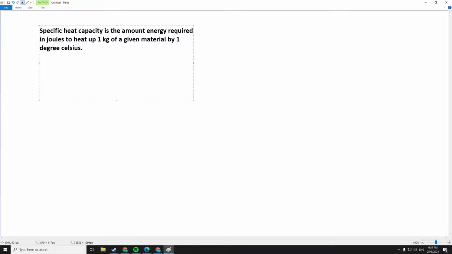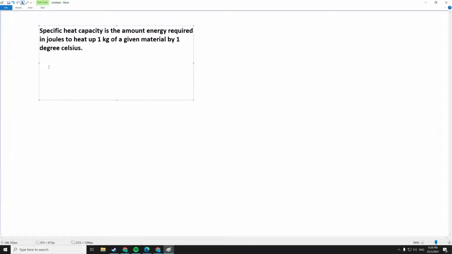Alright? That is a definition, and that is something you need to know. Alright? And of course, one thing you have to remember is that the units are subject to change. You know, I could always say kilojoules here, and I could say gram here, or something like that. But the key thing to realize, here you have energy, here you have mass, and here you have temperature.